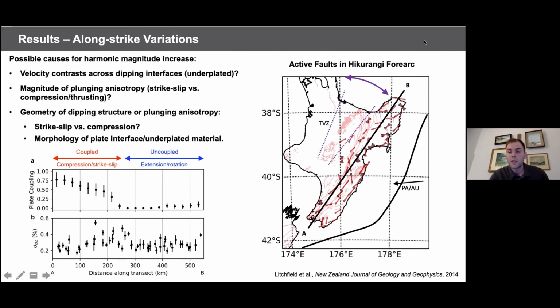So it's telling us that southern Hikurangi versus northern Hikurangi, there's likely two totally different mechanisms for deformation and two totally different mechanisms that are manifesting these observed phases in the receiver function data set.